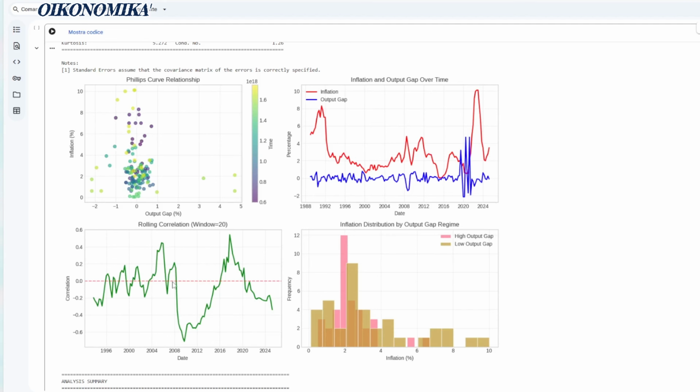Here is the rolling correlation between the output gap, so the potential economic growth, let's say, versus the actual economic growth, and inflation. And so you see here that when you have a positive output gap, you have inflation at 2% or even below 2%, according to all the data from 1989 up to 2025.